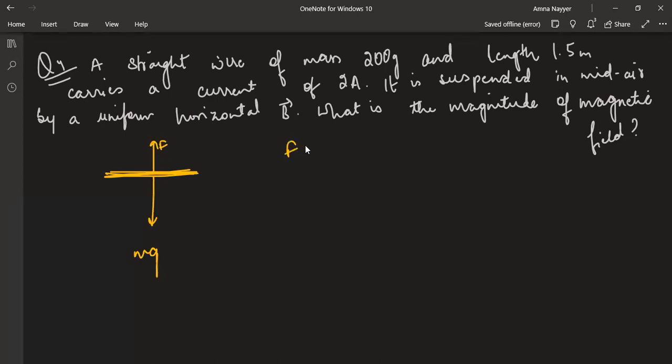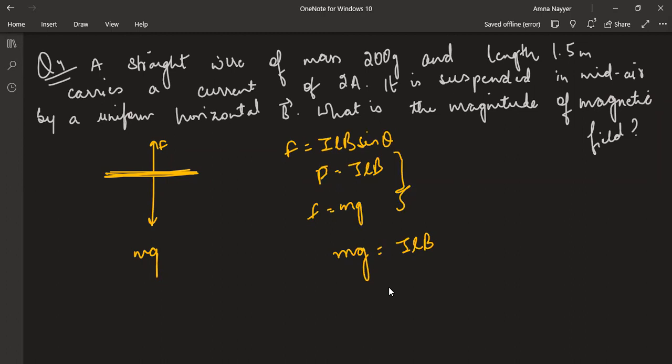So the force will be ILB sine theta, that is ILB only. Basically, you have ILB and the gravitational force, mg. Equate both these forces. So that makes mg equal to ILB.